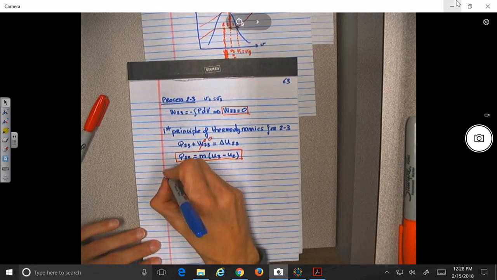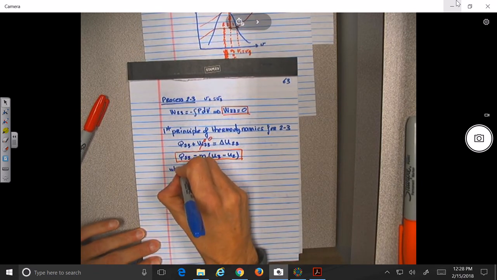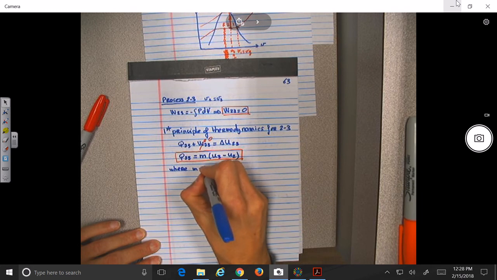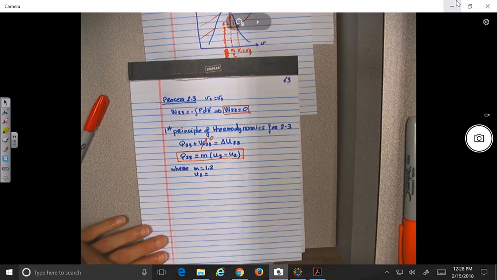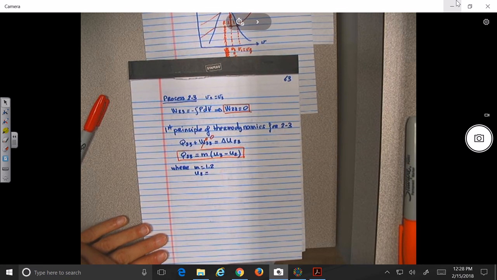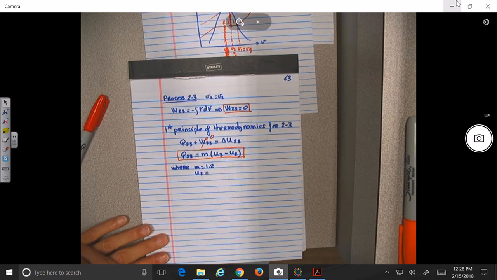So where m is the 1.2, the U2 we found before, no? Okay? And now what about U3? So what do you know about U3?